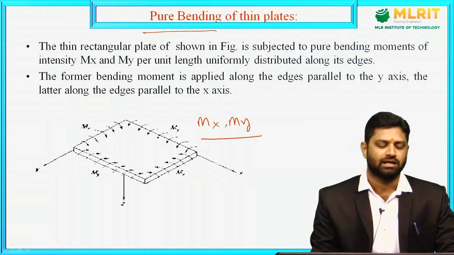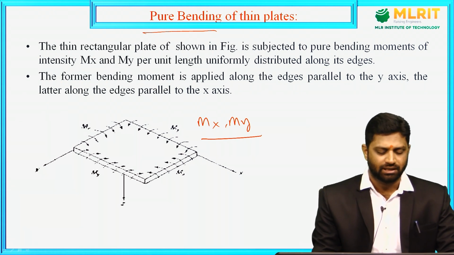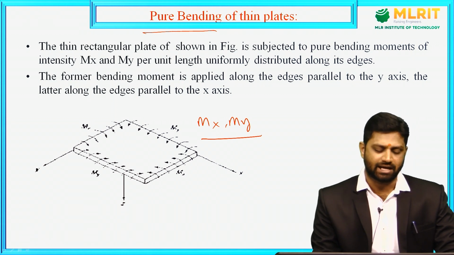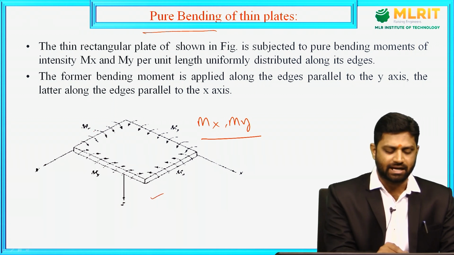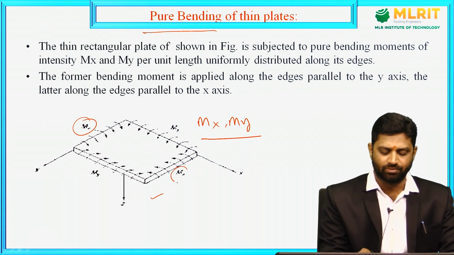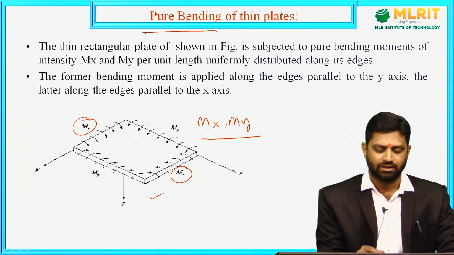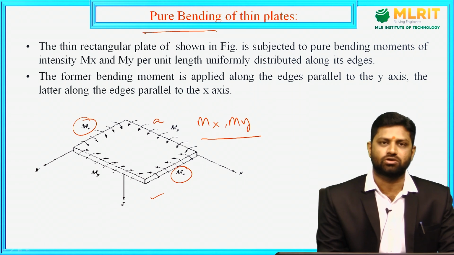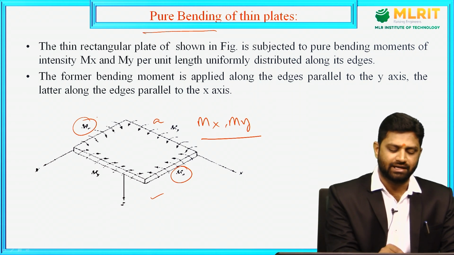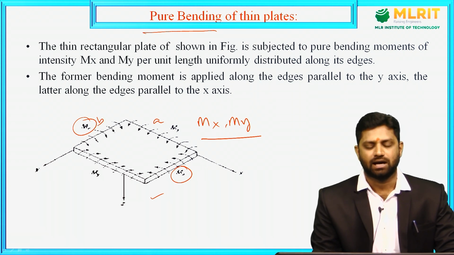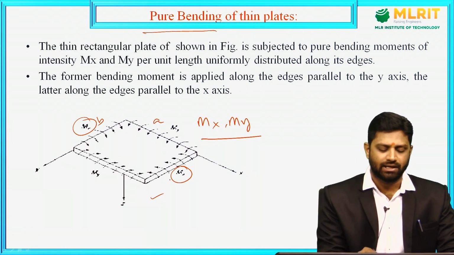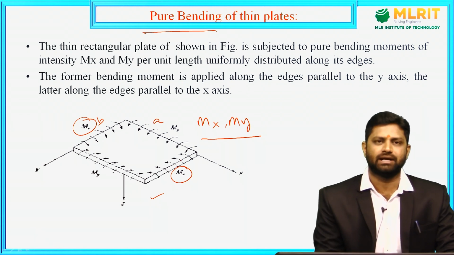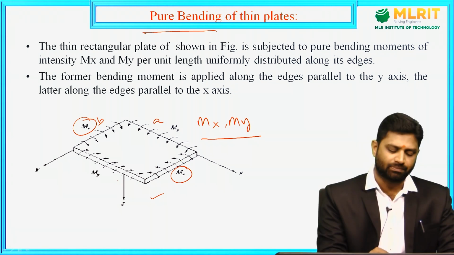Now let us assume a thin rectangular plate as shown in the figure here. You can see Mx bending moment is applied on the two edges, in which you can consider the cross-sectional dimensions. This is A and this is B, A cross B, and Mx is applied on the two edges here. And you can see another moment, My per unit length, is applied on the other two edges.